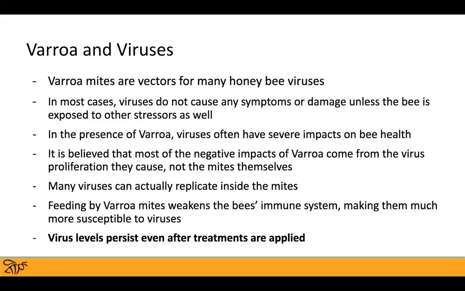They can be transmitted through contaminated feed. They can be transmitted when an infected queen passes it along to an egg. But one of the most significant ways that these viruses can be transmitted is through Varroa mites. So Varroa mites are considered to be a vector for many of these honeybee viruses.